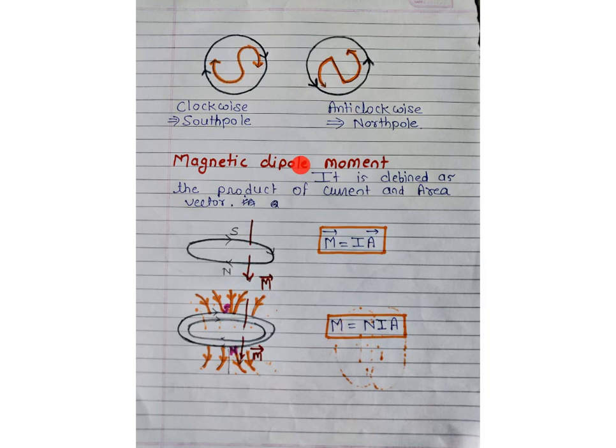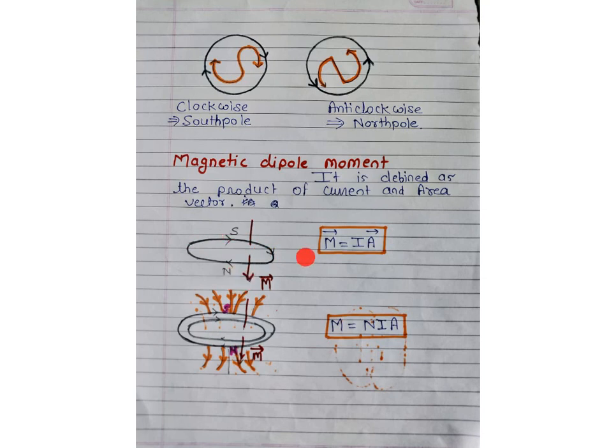Then what is the magnetic dipole moment? Magnetic dipole moment is defined as the product of current and area vector. That is, vector m is equal to current I into area vector A. Suppose this is the current carrying wire, this is the south pole, and this is the north pole.